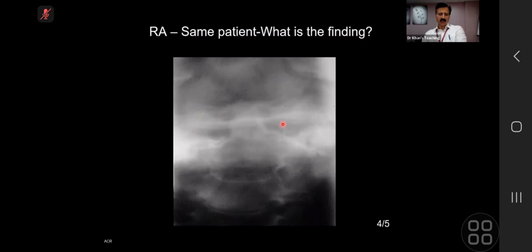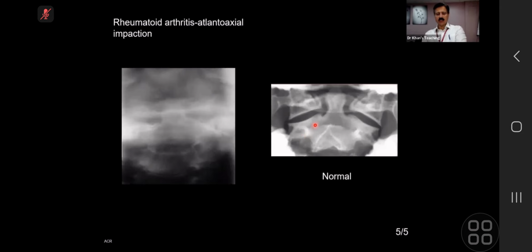Where is the lateral mass of C1? There is no lateral mass of C1, and this is what happens. So normal anatomy is this one, where this is the dens, this is the lateral mass of C2, this is the lateral mass of C1.